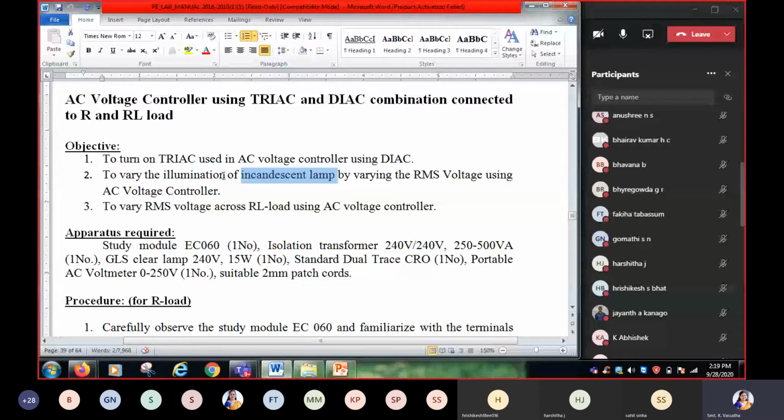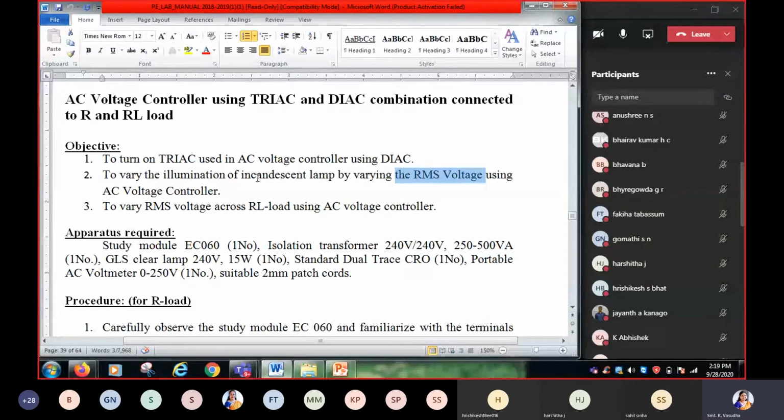So in this, the second point is we are going to connect the AC voltage controller to an R load, that is the incandescent lamp, and by varying the RMS voltage, we are varying the control pulse. We are varying the firing angle given to triac. Thereby, the output RMS voltage across the AC voltage controller will be varied, and thereby the illumination of the incandescent bulb will be varied.